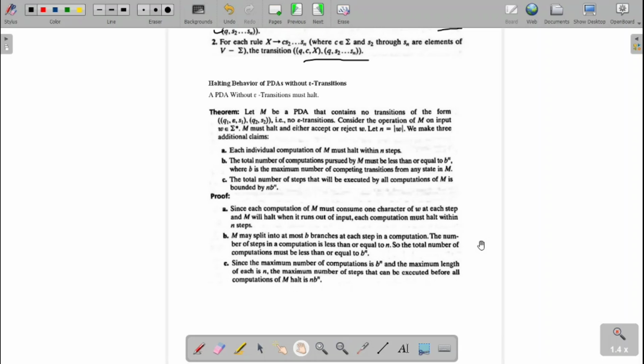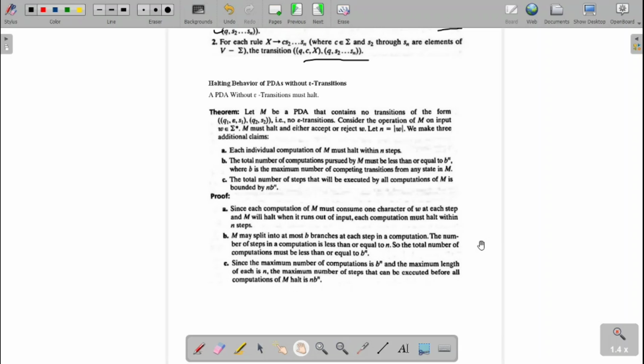If the string is of length n, and we have not defined any transitions for epsilon, then in each step we are going to consume one input symbol. After n steps, it should halt.